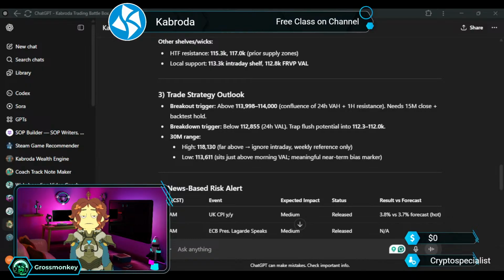So we need a 15-minute close above the volume area high and then a retest there on the 5 minute. It's also saying we could take a breakdown trade here. If we get that breakdown below the 112,855 level, the trap flush potential to 112.3K or 112K is highly likely.